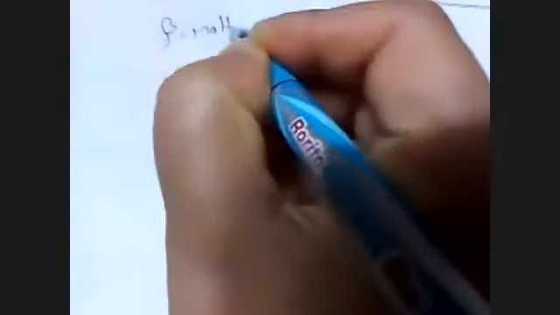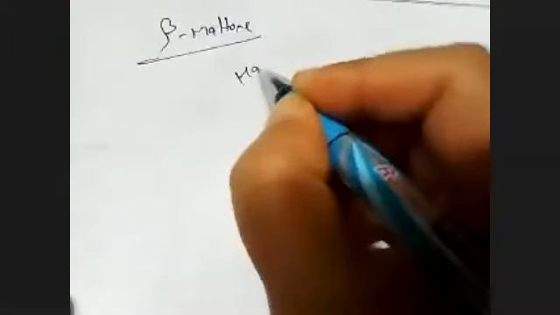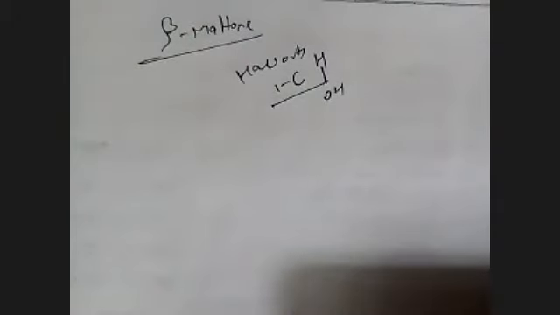Fine. Next. Now you need to write the beta maltose structure, but I'll give you one hint. In the Haworth structure, in the first carbon, H and OH will be interchanged. Only the H and OH position will change in the first carbon.